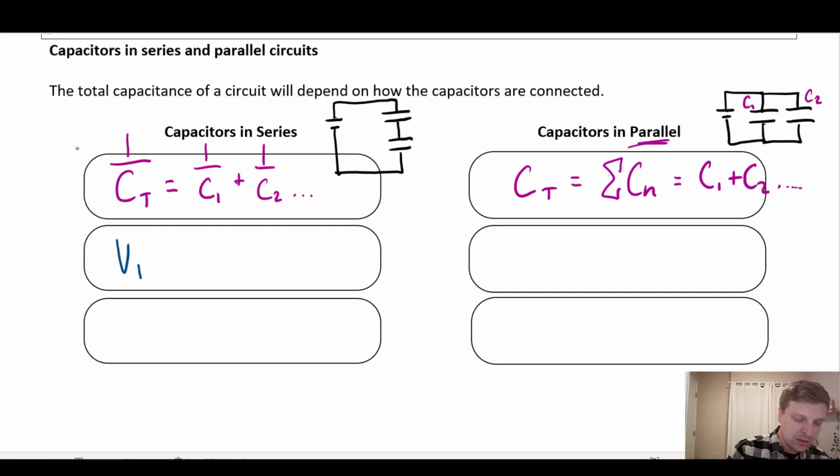And for my total voltage, I would measure the total voltage here at the battery in each case. So I'm going to measure total voltage here, okay? And then the individual voltages at the individual capacitors.